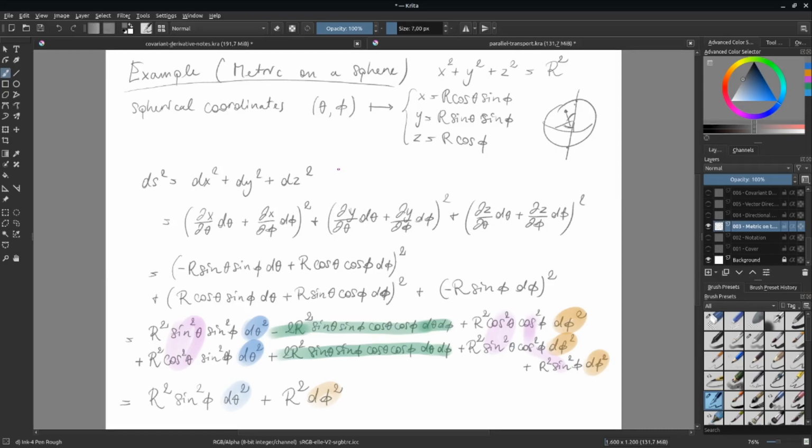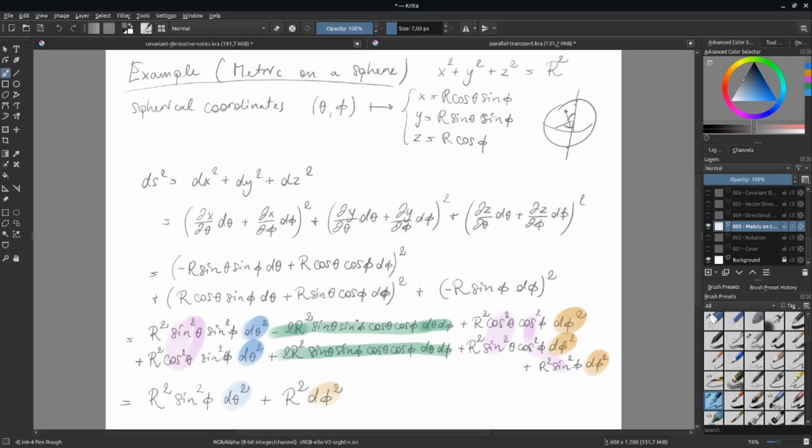The trick, if you want to get back to our coordinates, is to simply use some standard calculus formulas. Here we take dx squared, express it in terms of d theta and d phi using the chain rule, square that, and do the same for dy and dz. If we do the computation, we get some expression with sine and cosine, and when we square them we get some simplification, because we get the square of a difference and the square of a sum.